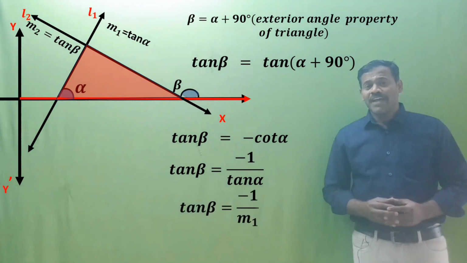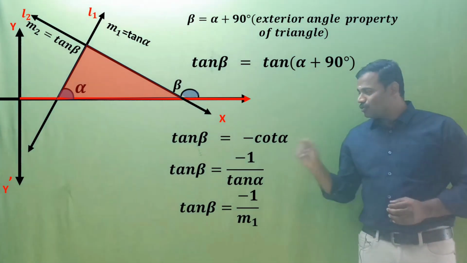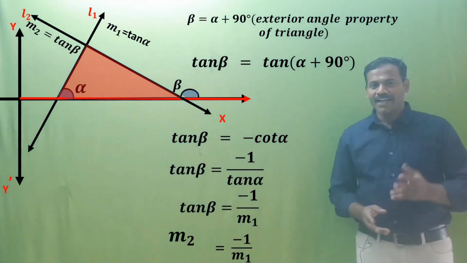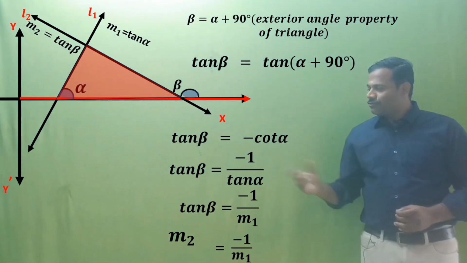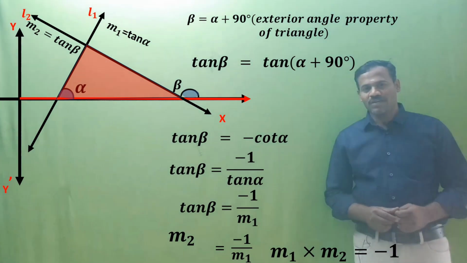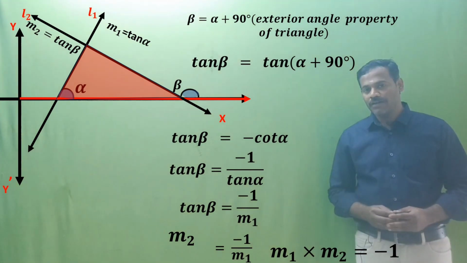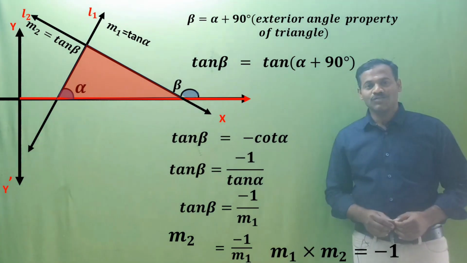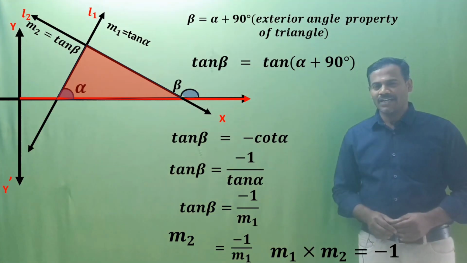And tan beta is m2, tan alpha is m1. So m2 is equal to minus 1 by m1, that is m1 into m2 is equal to minus 1. So in case of two perpendicular lines, if you multiply their slopes, it will be minus 1.